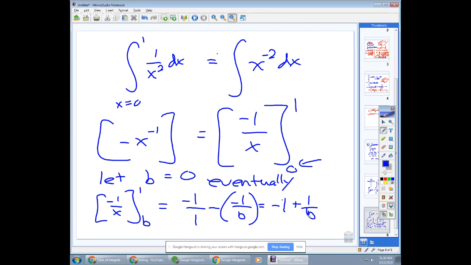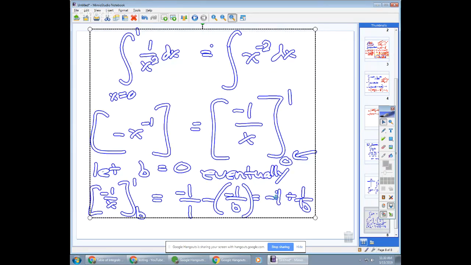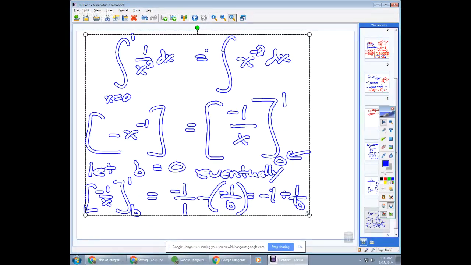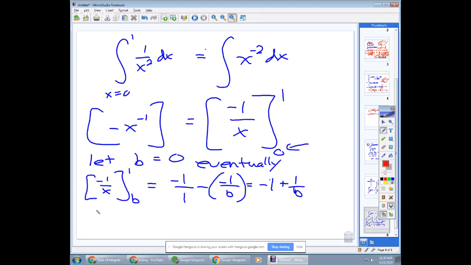We can't just plug in 0 because that's illegal, so what we have to do is take a limit. So now I take the limit as b goes to 0 of this expression, -1 plus 1 over b. And what happens to 1 over b as b goes to 0?